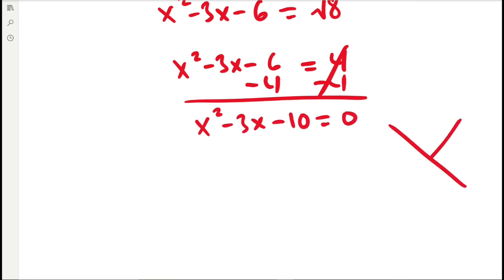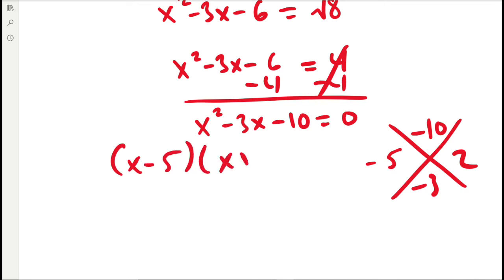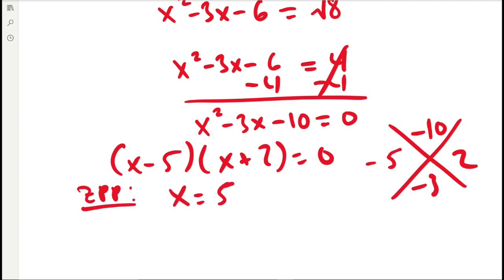So now we can start our next table, negative 10 on top, negative 3 on the bottom. So that'd be negative 5 and positive 2. Go ahead and factor using those numbers. Using the zero product property, we get that x equals 5, x equals negative 2.